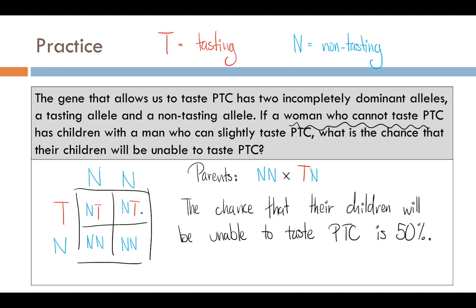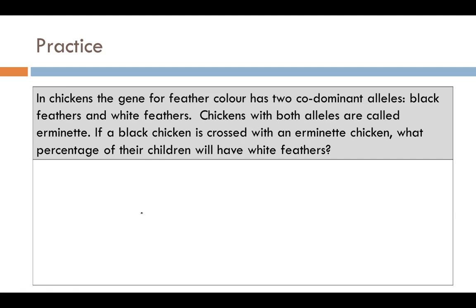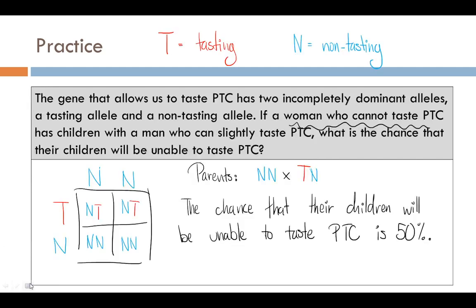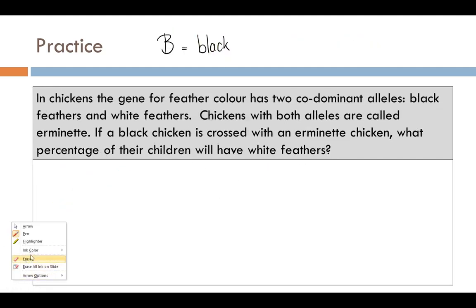Let's do a codominant example. For codominance, we used black and white feathers, making erminettes. So let's use black, capital B, and let's use, it's a nice contrasting color with black, green, for white.